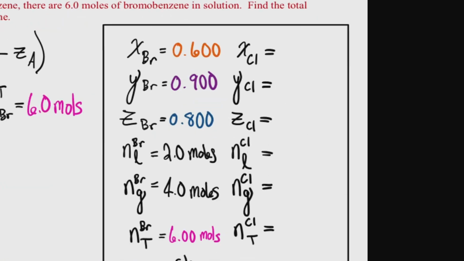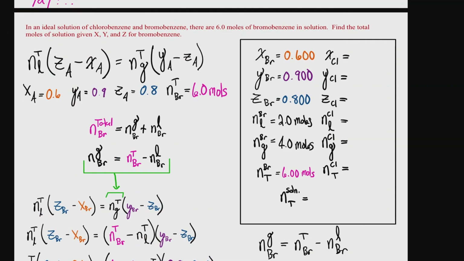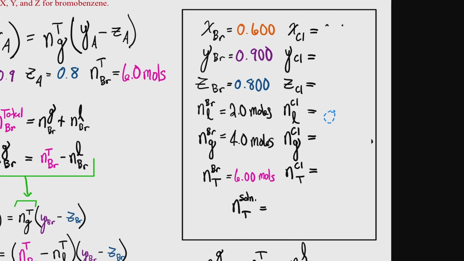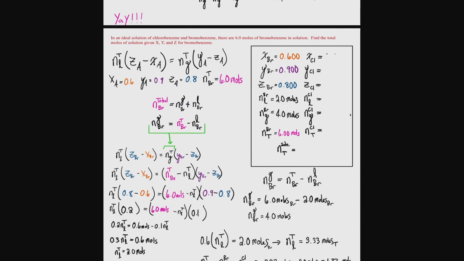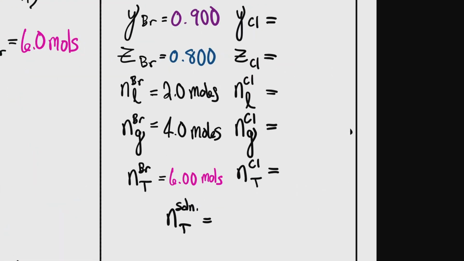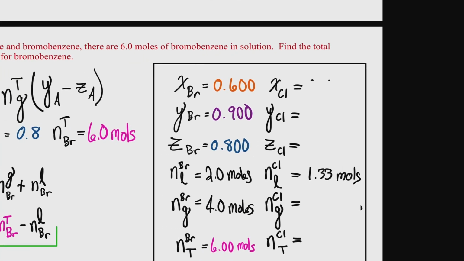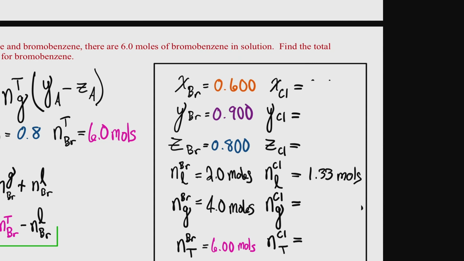Not total, just the liquid phase. Okay. Interesting. Let me just write this right here. So we have 1.33 moles. And we might have skipped over this a little bit, but mathematically it makes sense that if 60% of liquid is bromine, that means that 40% would be chlorine, because that is the only other species in solution.